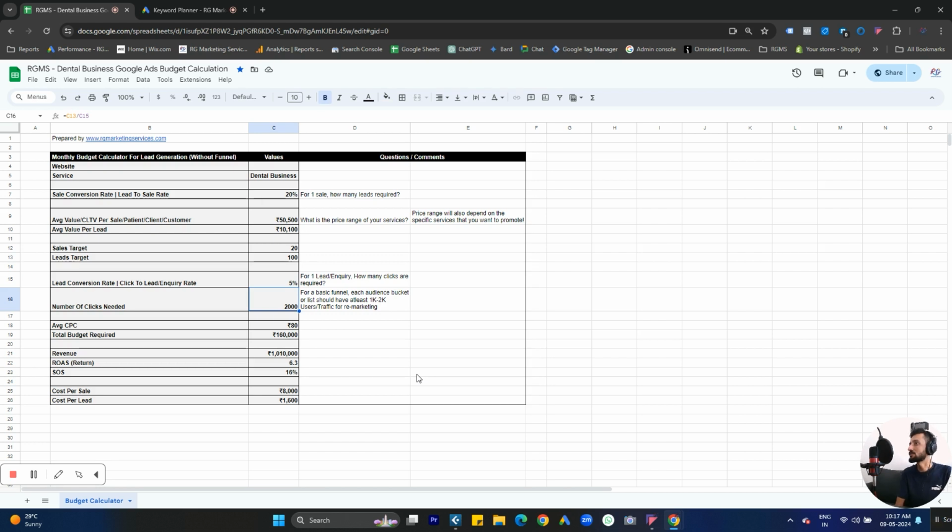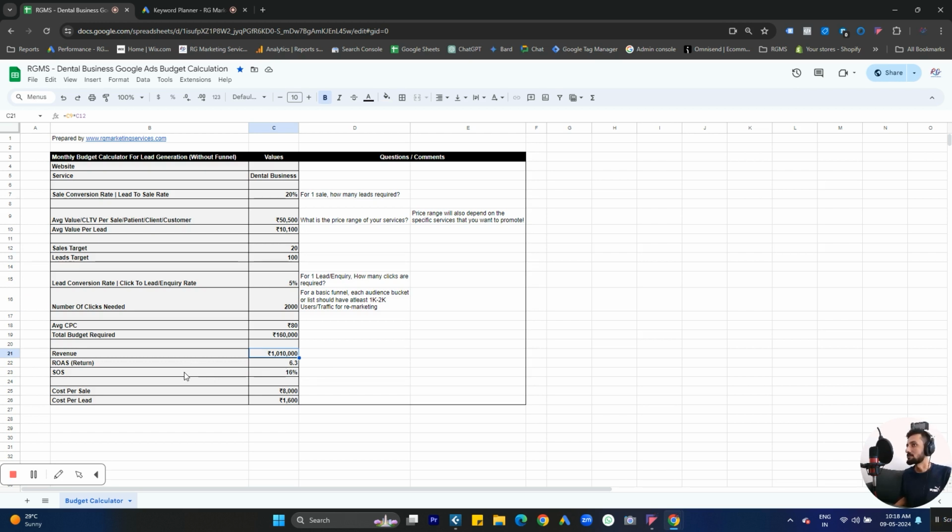So you can calculate the revenue. The average order value that we were seeing here was around 50,500, so the revenue would be somewhere around 10 lakhs. The return you can calculate as how much you have received by how much you have spent. So that is almost like 6.3 times.